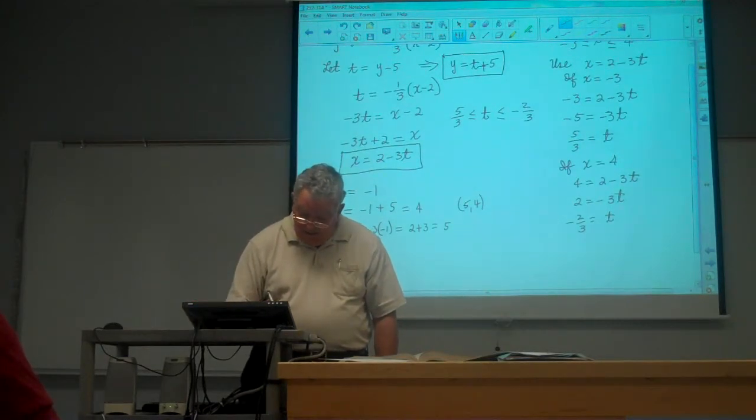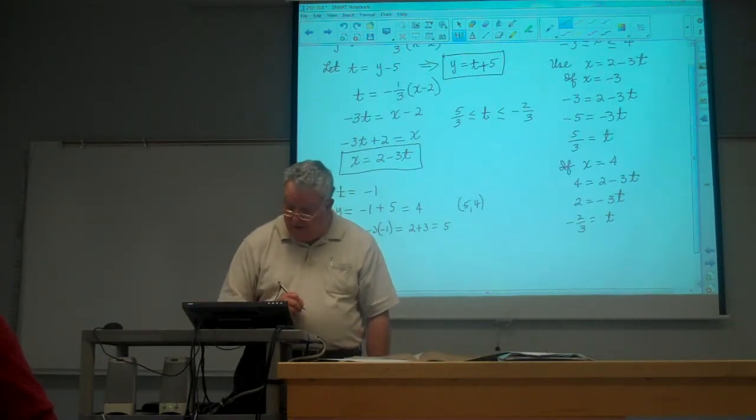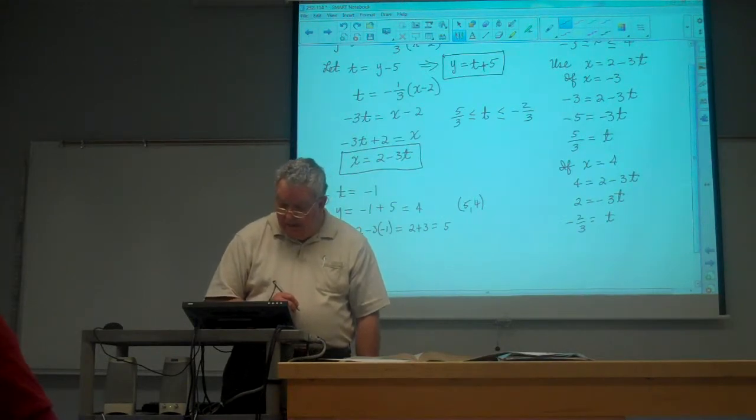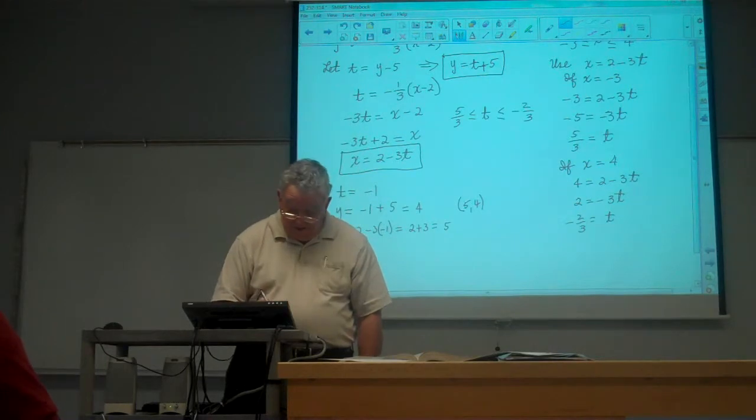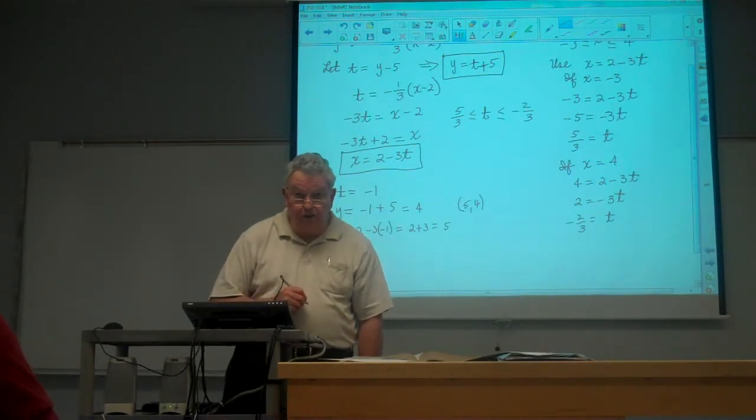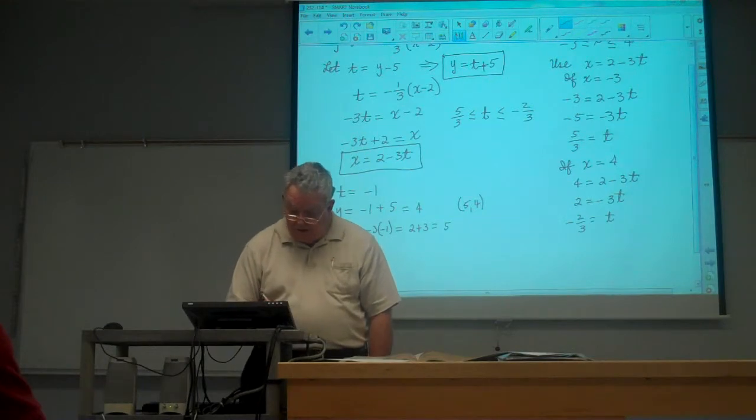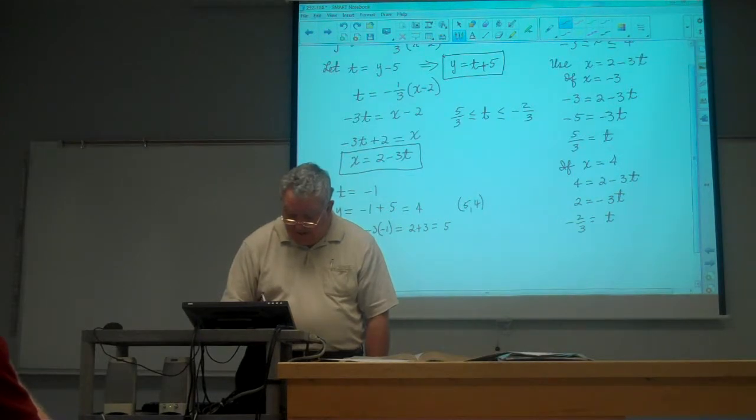Let's let t be equal to, t has to be greater than 5/3. Is that right? So how about if t is equal to 2? Isn't 2 6/3? And that's okay? So if t is equal to 2, don't I get x is equal to 2 minus 3 times 2?